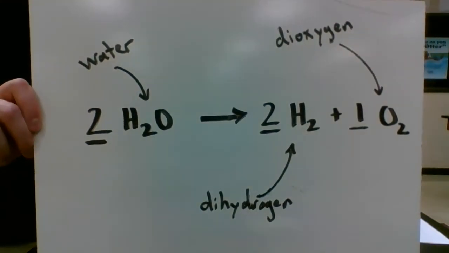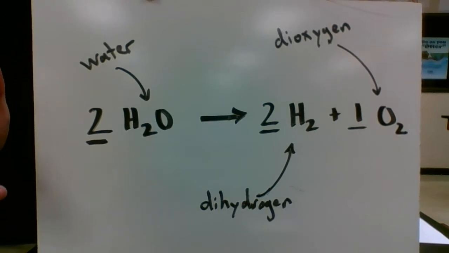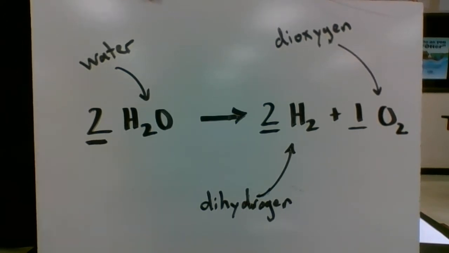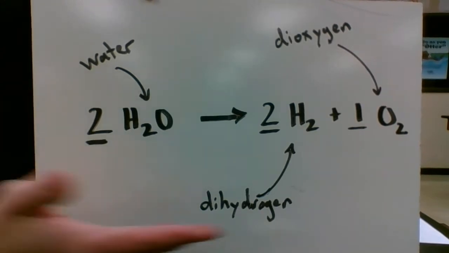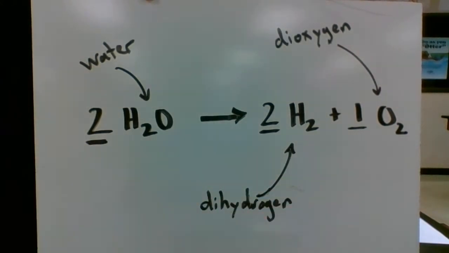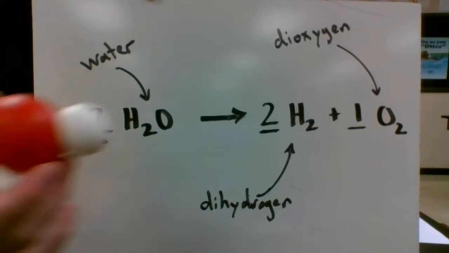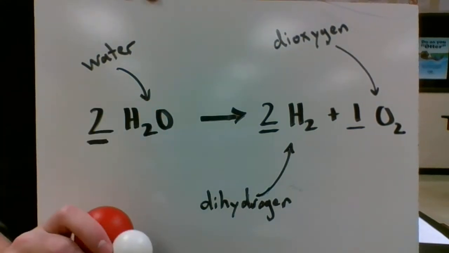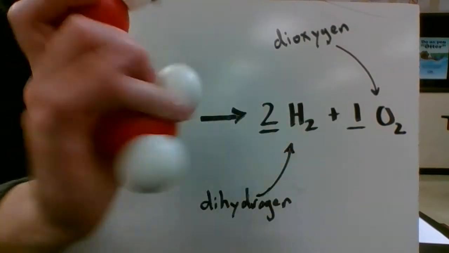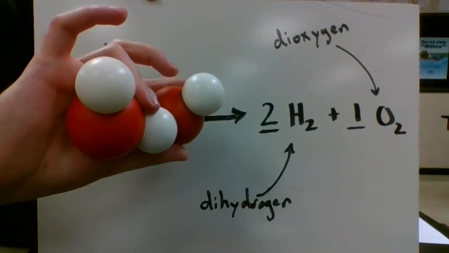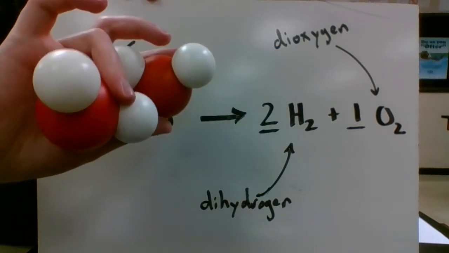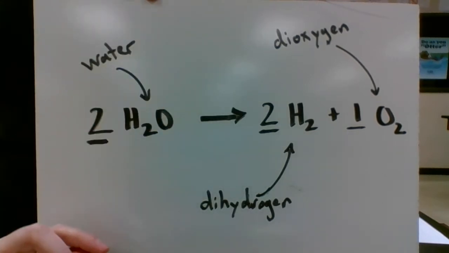Now we can also look and see if mass is conserved here. In other words, do we lose atoms? Do we gain some out of nowhere? Or are they all accounted for throughout this process? Well, if I start with two of these, that gives me a total of 2 red atoms, 2 oxygen atoms, and 4 white ones, that's 4 hydrogen atoms.